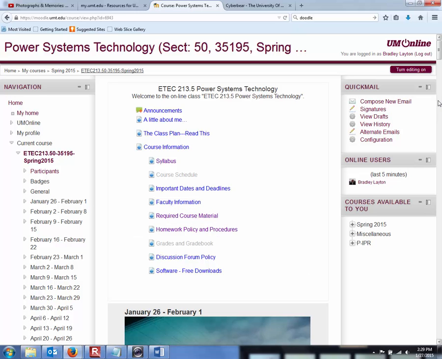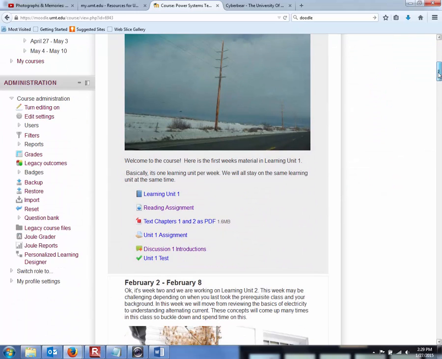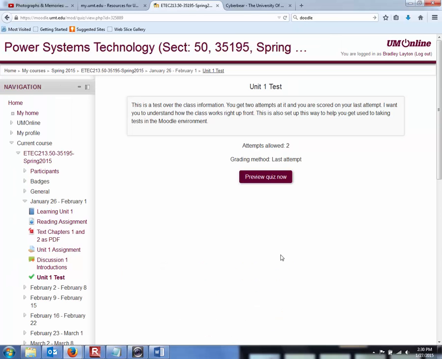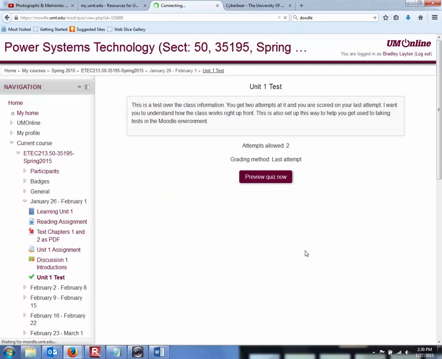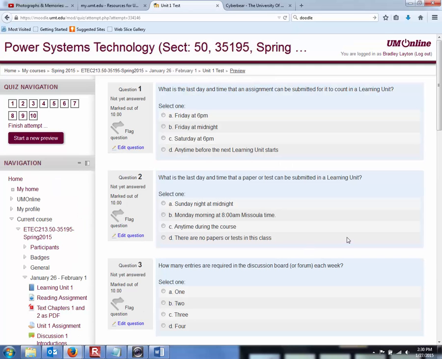And then let's just take a quick peek at the test. The test covers the class information. You get 2 attempts, not too bad. This is also set up. Taking the test, okay, so you guys are used to this. We'll preview it just for grins.